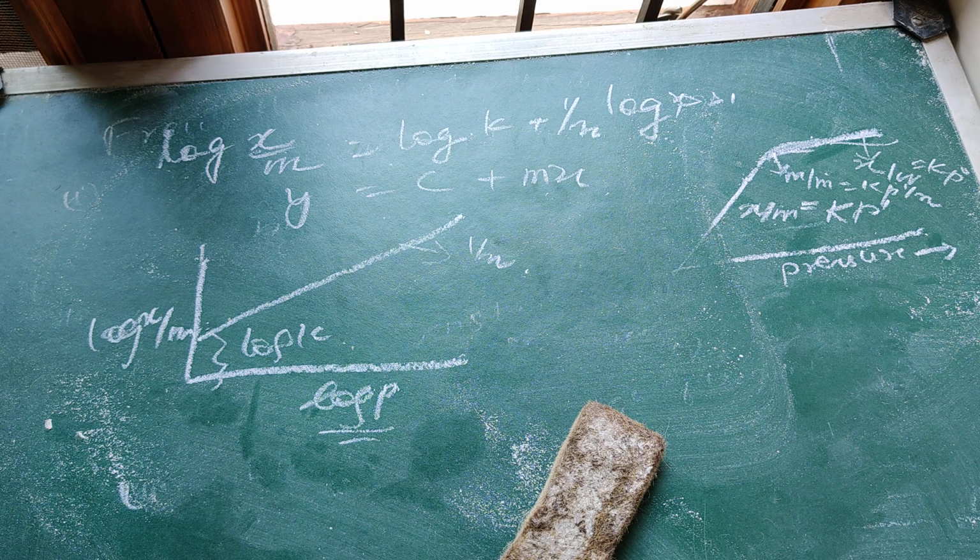Okay. This shows the validity of the Freundlich isotherm, because we get a straight line. The slope of the straight line gives the value of 1 by n.